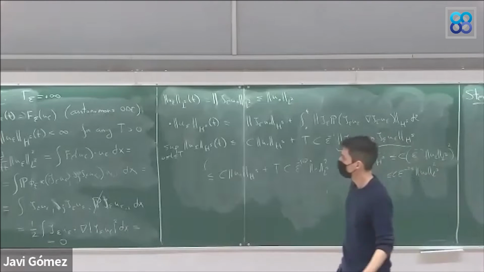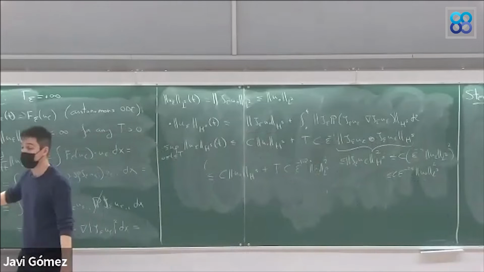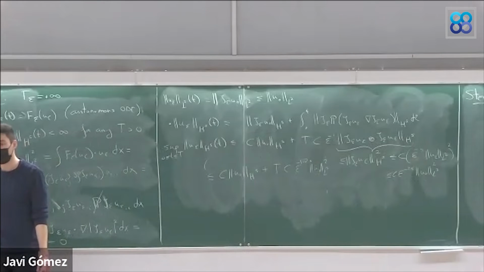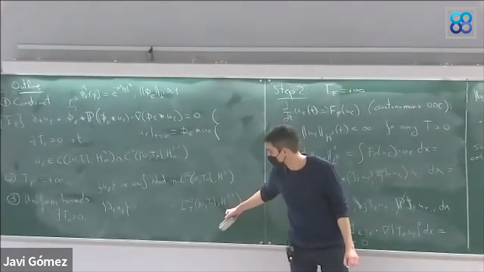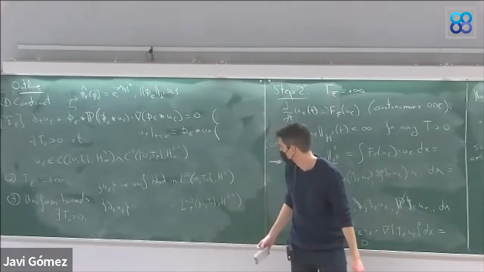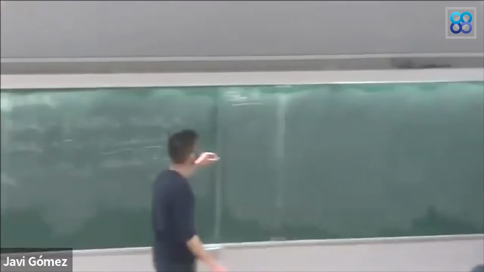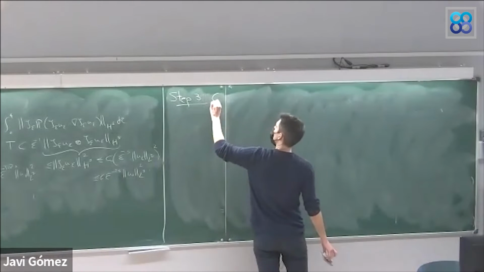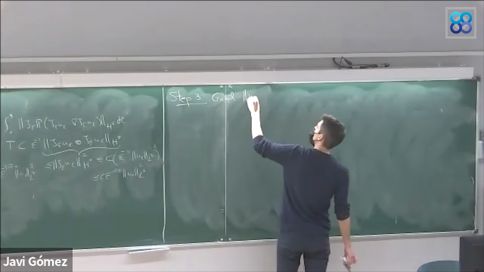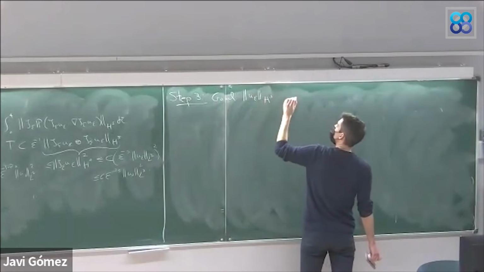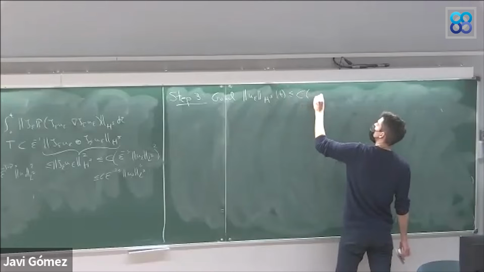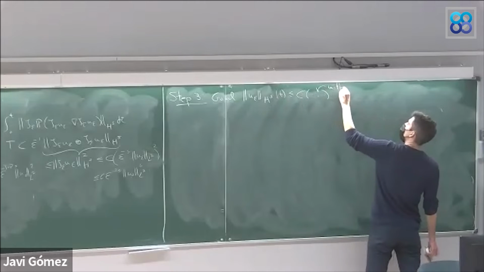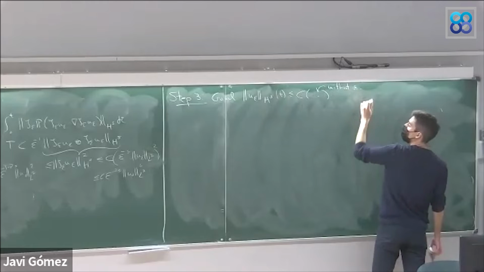Vale, so now step 3, we want to prove uniform bounds. We already have the two uniform bounds, so we now need to do this one, which here we've done very badly. We want to do the same with a bound that doesn't depend on epsilon, some constant independent of epsilon.